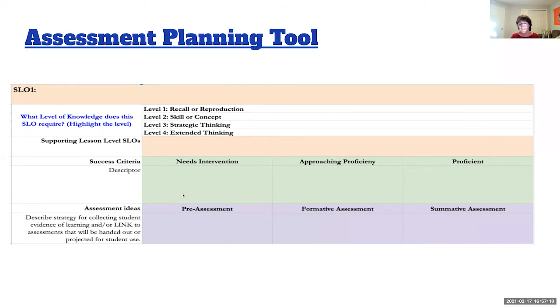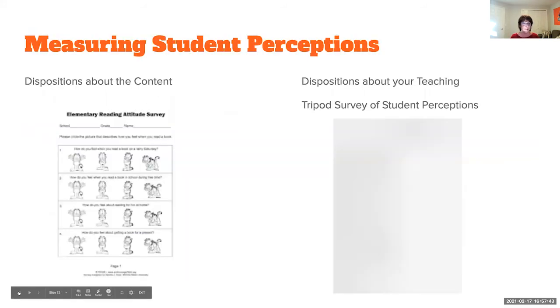If this is what I see, students probably need intervention on this target. Here's what it looks like to approach proficiency on the target. And here's what it looks like to be successful. This is enough right here. Here's what my pre-assessment for this target is, the question I might use, here's my formative, and here's my summative. So you could do one of these for every one of your learning targets if you wanted to. It's a way to think about it.